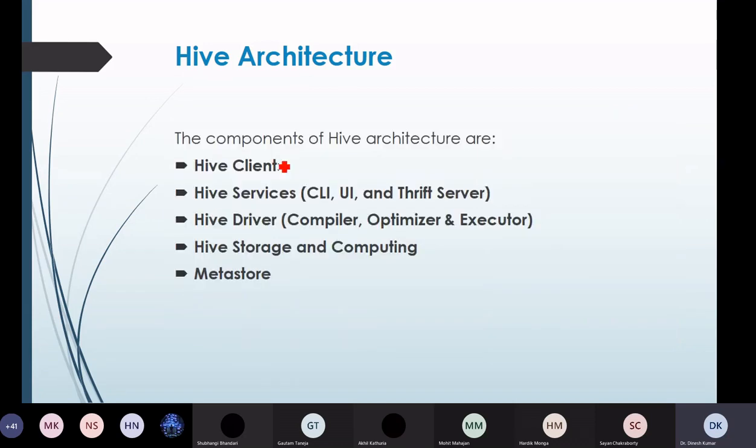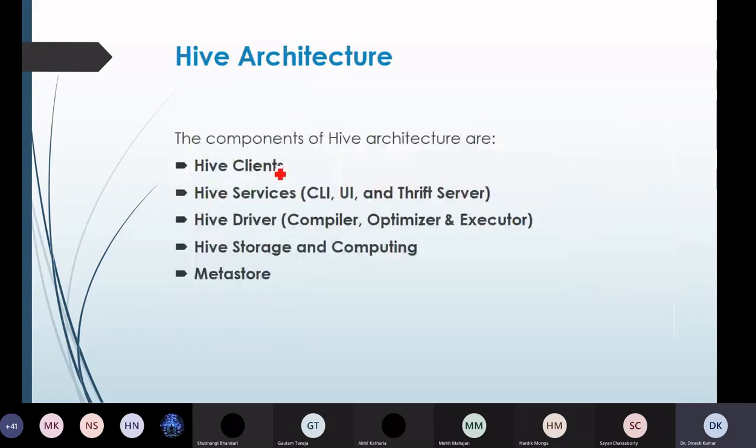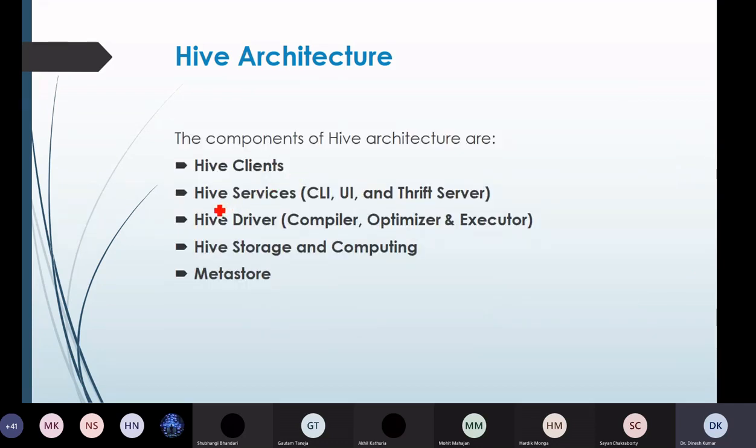Now, these are the various components I have written over here. So let me change the sequence so that we can go by the sequence of this. The first is Hive client. Then Hive services.